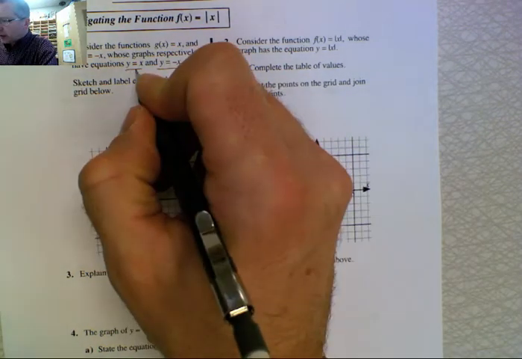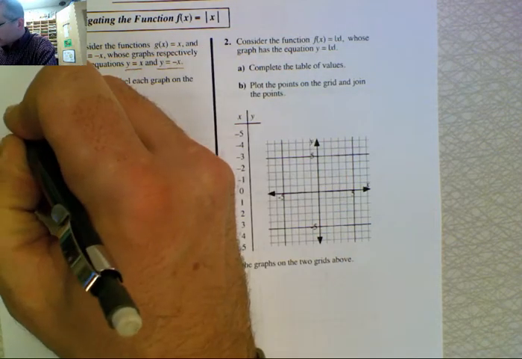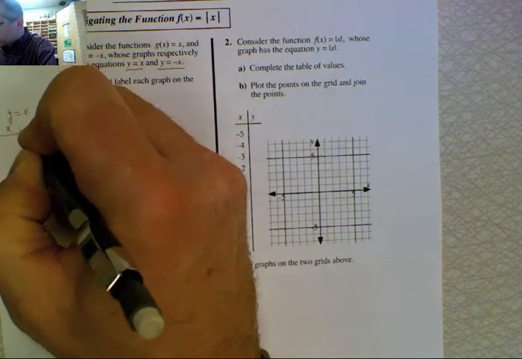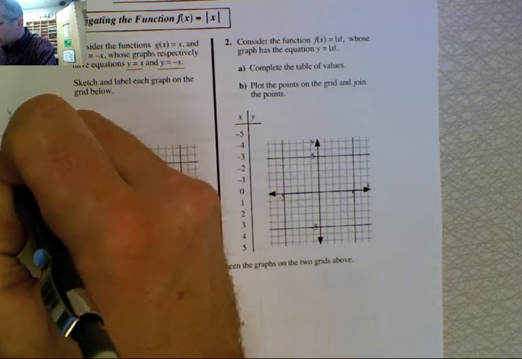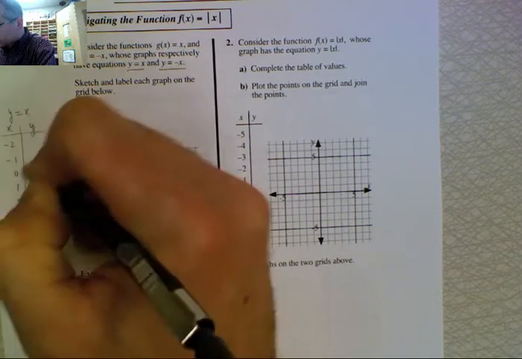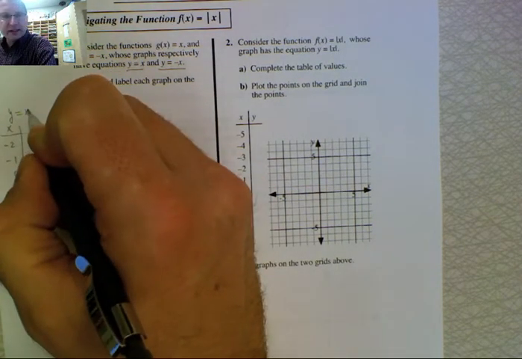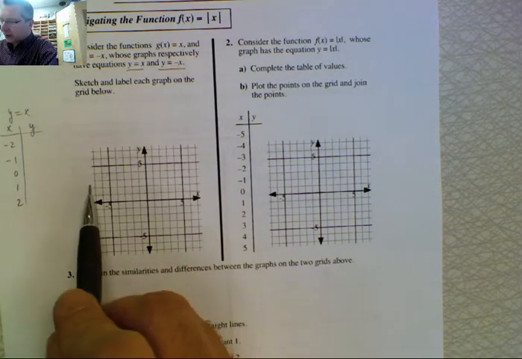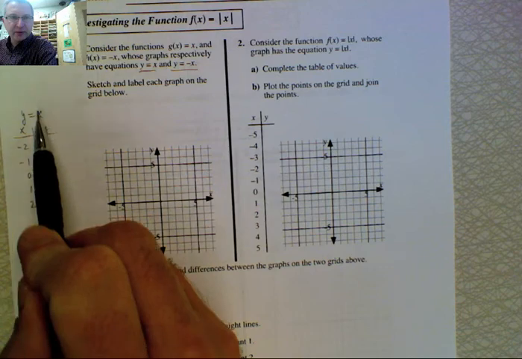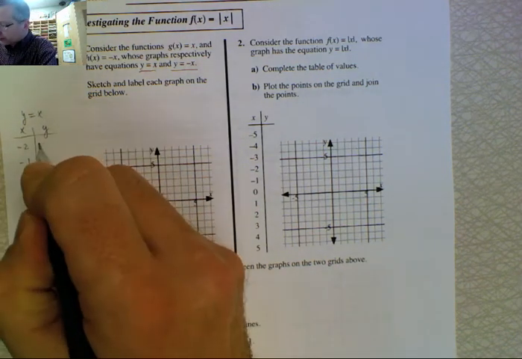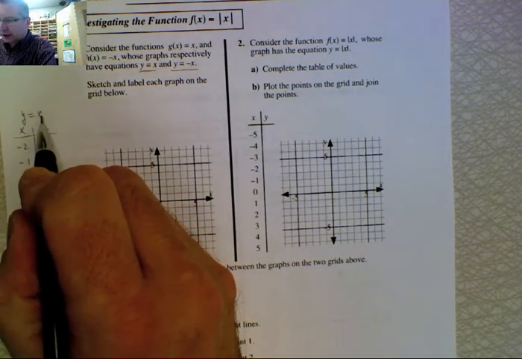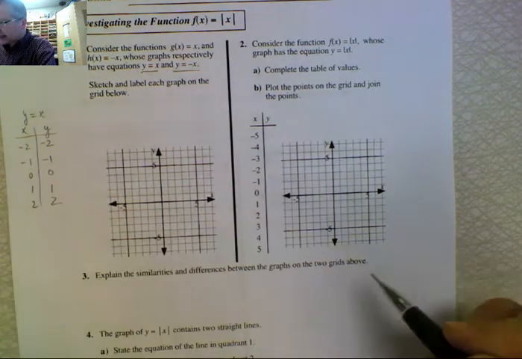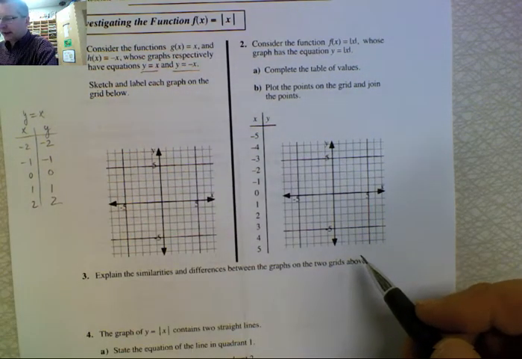Well, if we graph y equals x, if I pick some values for x, like -2, -1, 0, 1, 2, and I plug these in, this says every y value is equal to every x value. Well, if I plug -2 in for x, I get y to be -2. If I plug -1 in for x, I get y to be -1. So y is actually exactly the same as x.